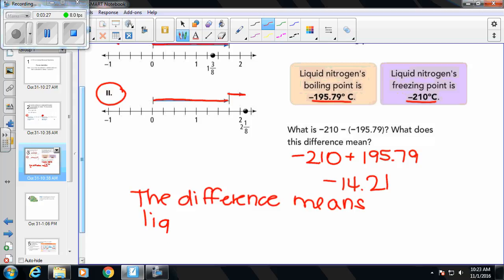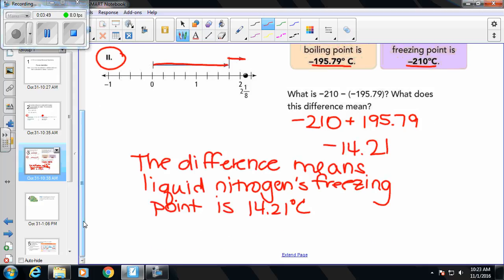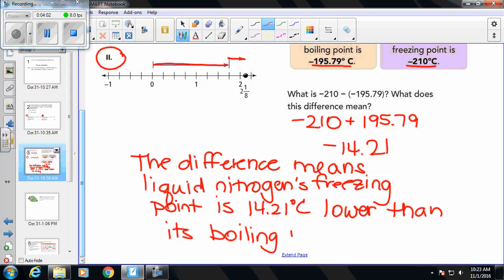The difference means liquid nitrogen's freezing point is 14.21 degrees Celsius lower than its boiling point. Remember, negative means direction, so if it's a change of negative 14.21, it means it is decreasing or it's lower.